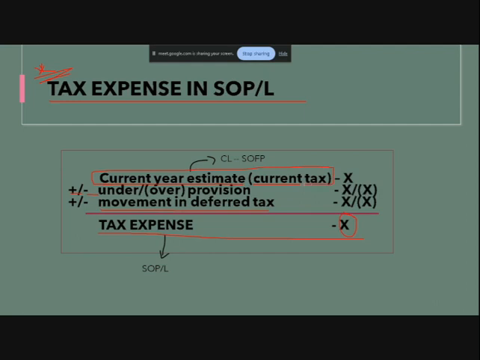This thing will be directly given in the question. This amount will go to current liability in SOFP, because it is current tax, a tax that we should pay within one year, in respect of a period. We have to pay it within 12 months, so this current year estimate will be shown in SOFP as a current liability.